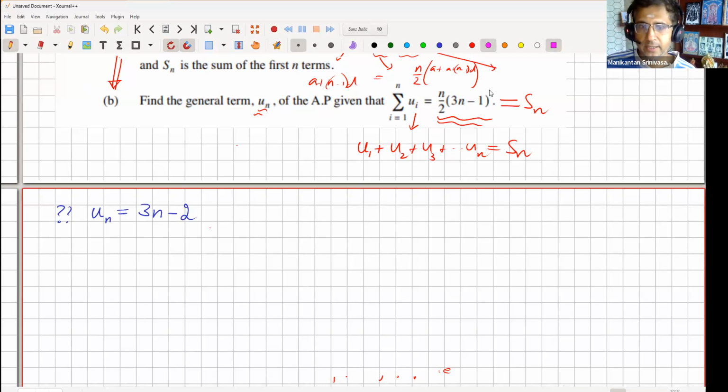Moksh, are you getting the same answer as Amit? 3n minus 2 or getting something else? Hang on, let me just check my answer once last time to see if it matches Amit's answer. I think Amit's answer is correct.